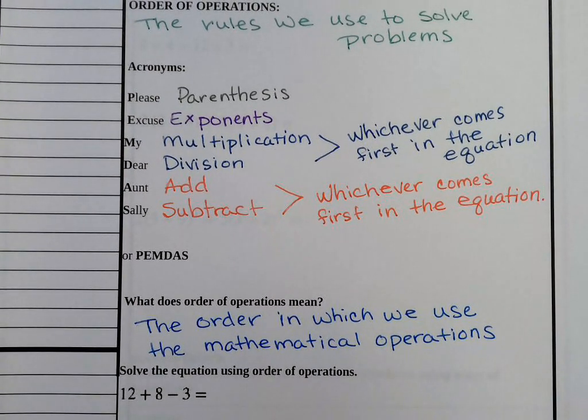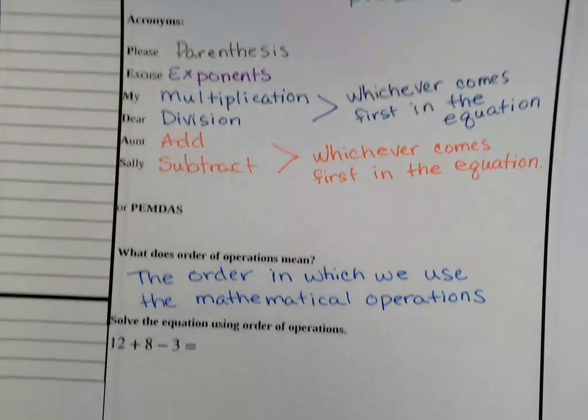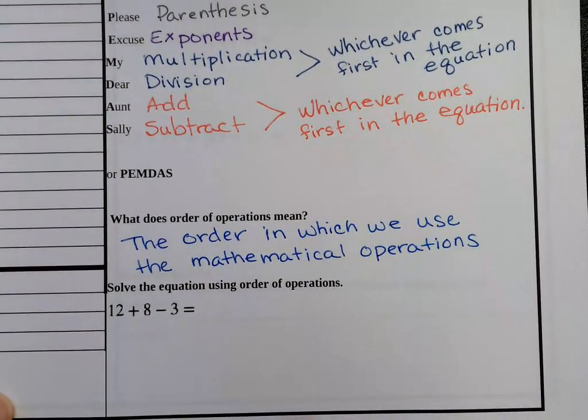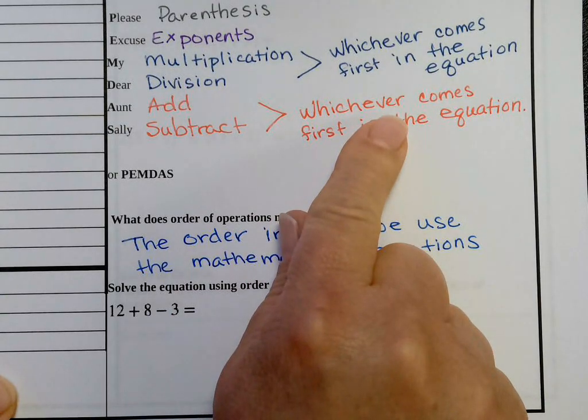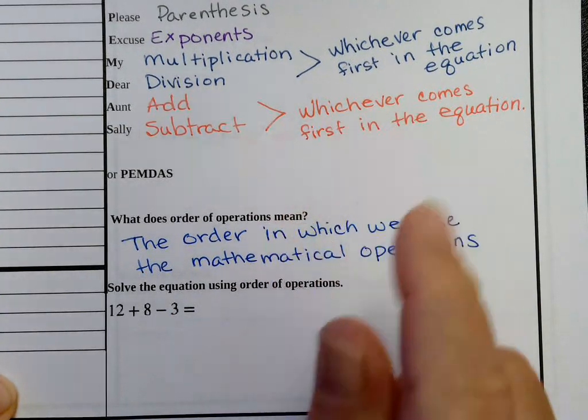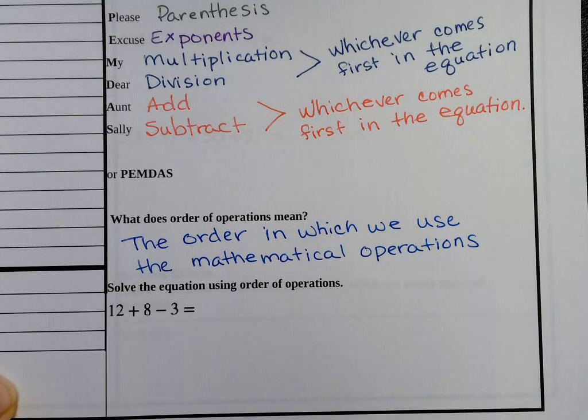Okay, any questions? So we're talking about rules. How do we do this? What order do we go in? So we always start off with a fairly easy question. If you're looking at this question here, we've got adding and we've got subtracting. So which one will we do first? Whichever one comes first in the equation.